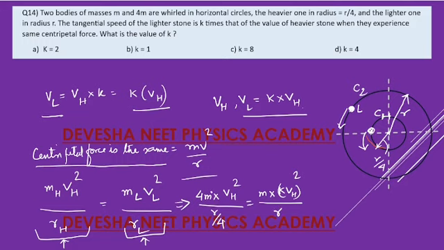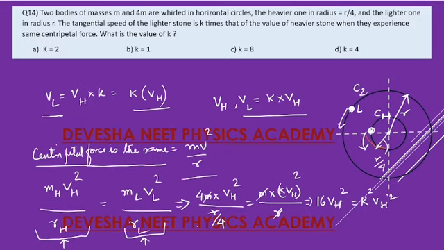Okay, so this is where we are now. m gets cancelled here, R gets cancelled. We have 4 VH square, and this 4 will come on the top, so this will become 16 VH square, which is equal to k square into VH square.